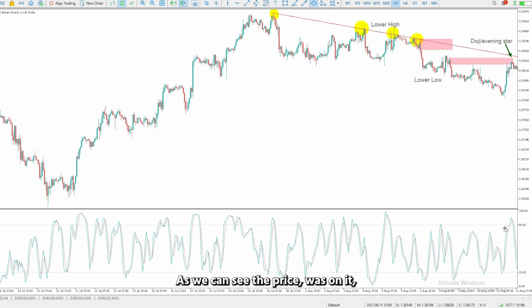As we can see, the price was in it. After those steps, we are expecting the price will move down.